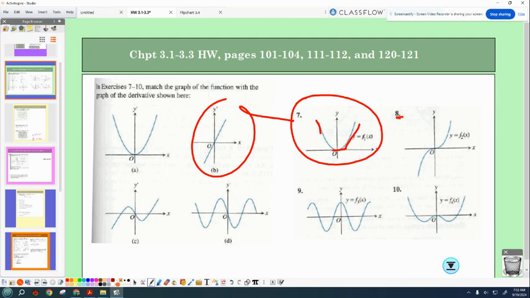Zach, what's this one? A, why? It's like, it starts on negative, it goes positive. Positive slope the whole time except right here, one tiny little 0. Michael, what's the wiggle, wiggle, wiggle? The other wiggle, wiggle, wiggle.